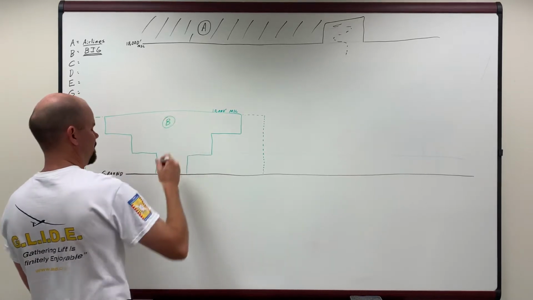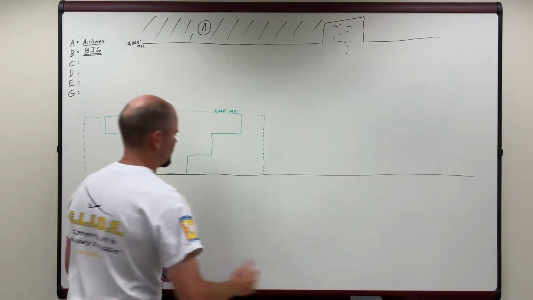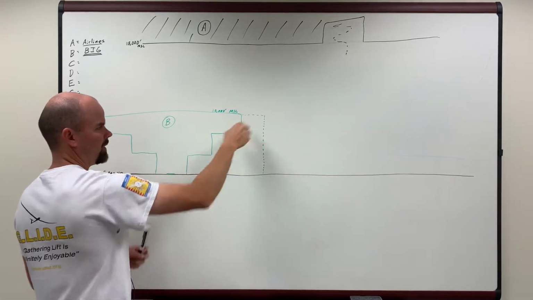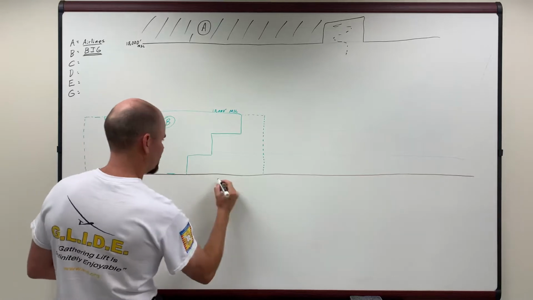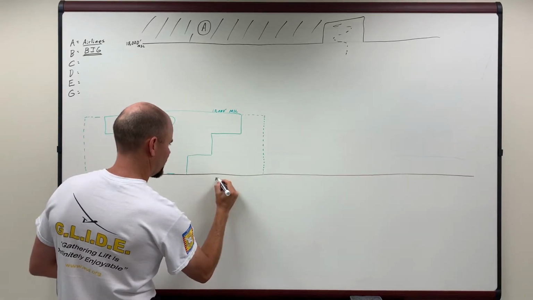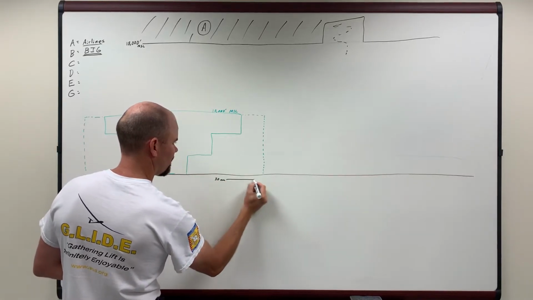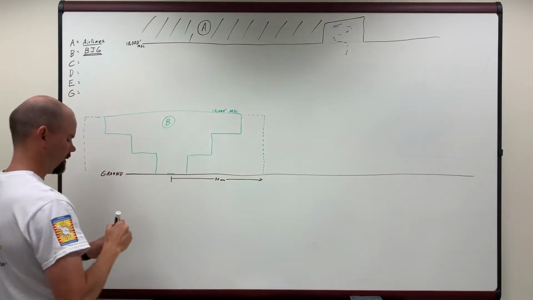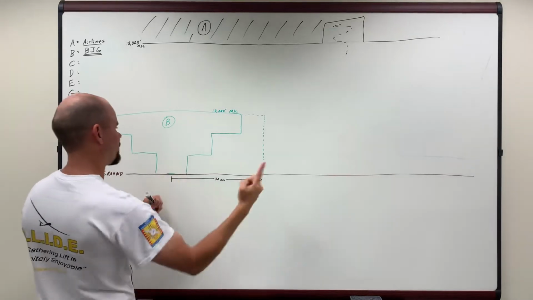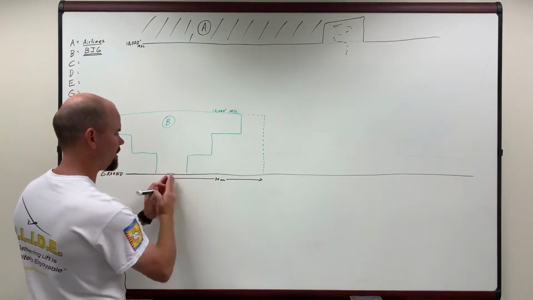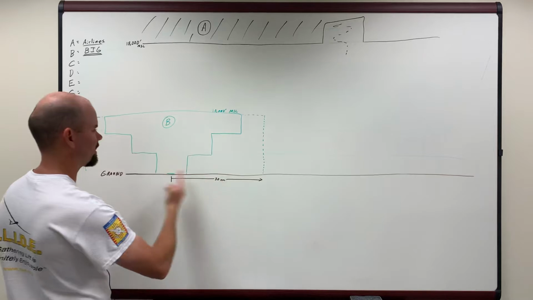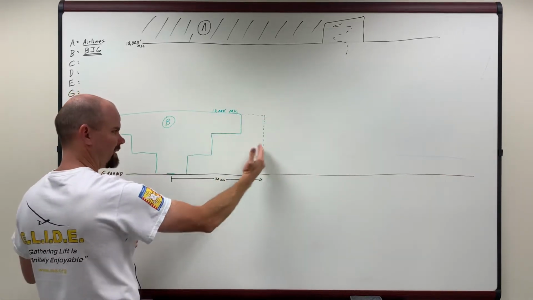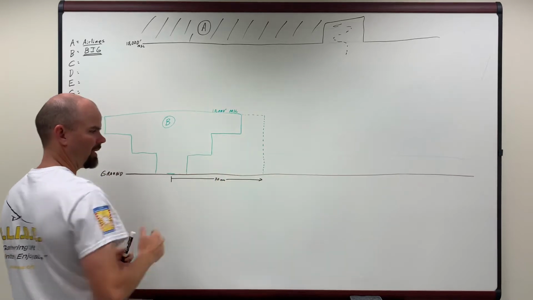If you're entering this veil, this 30 nautical mile radius from the airport, there's this veil that if you're inside it, you have to have a transponder.